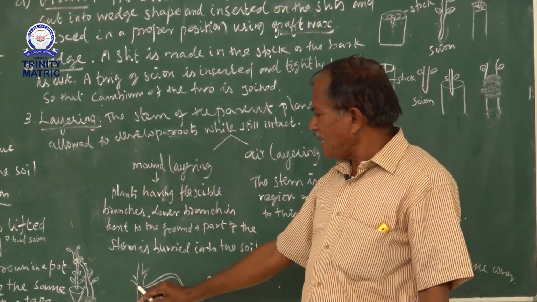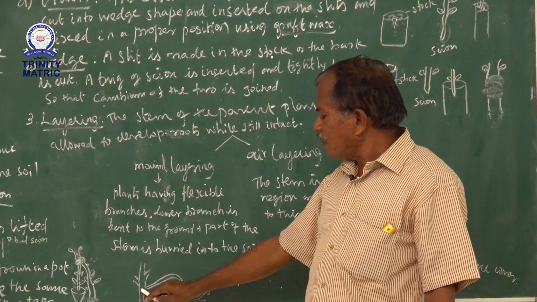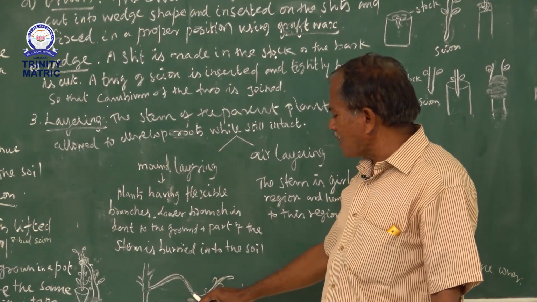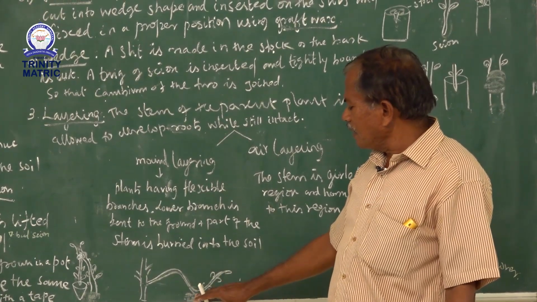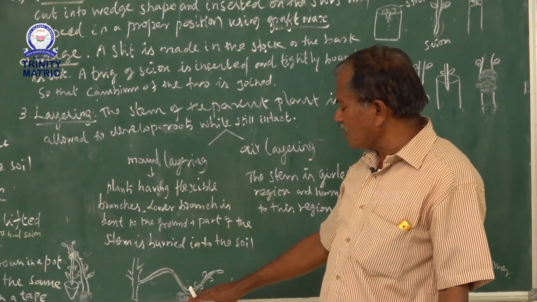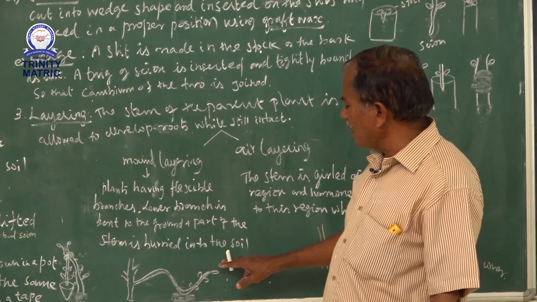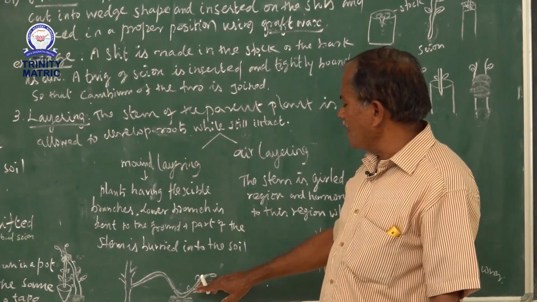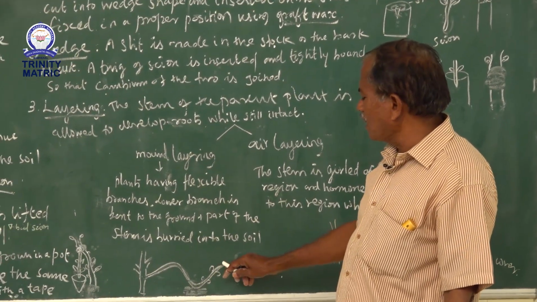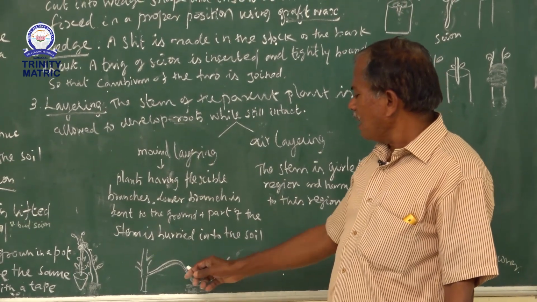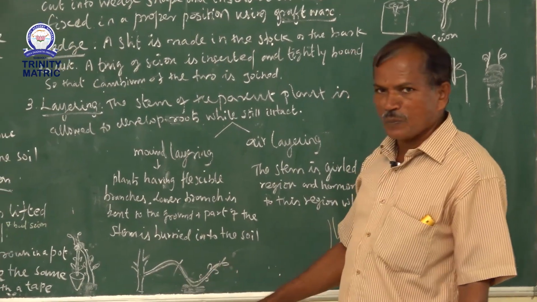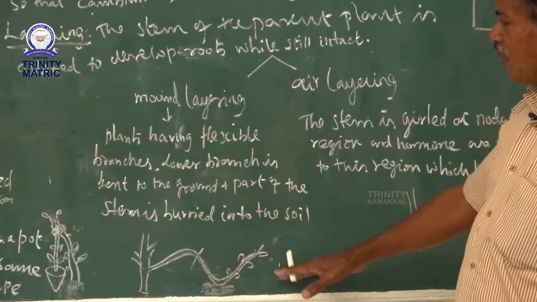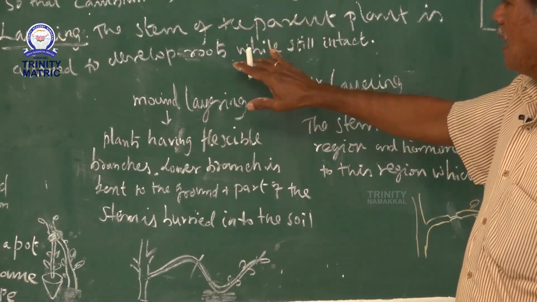When the lower part of the branch of the parent plant is bent downward to the soil, and this bent part is inserted into the soil and left for many weeks, new branches develop, and we can cut from this region, remove it from the parent, and grow it as a new plant. So this technique is called layering.